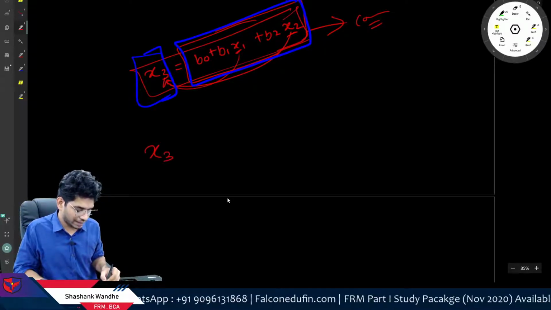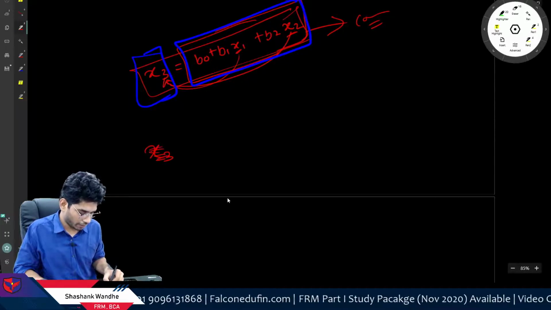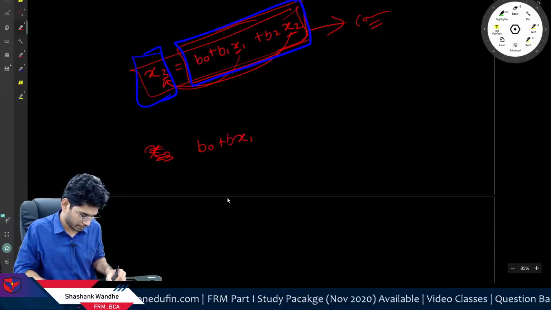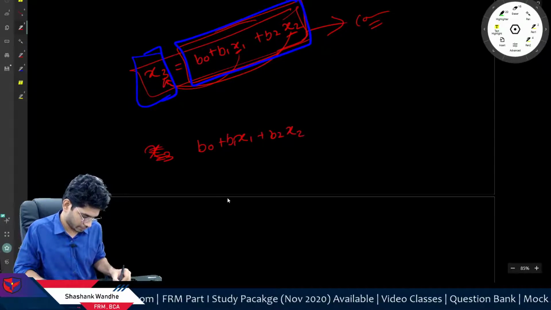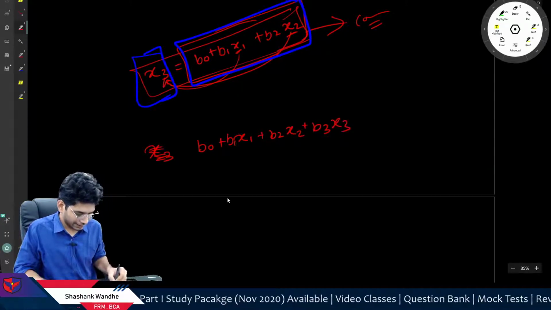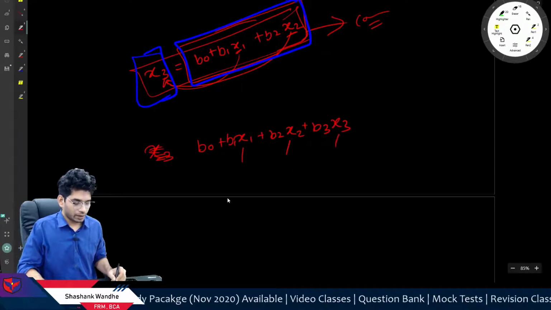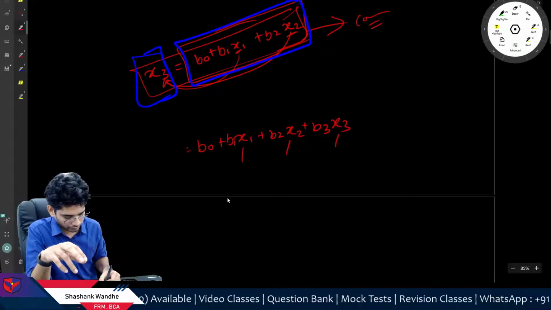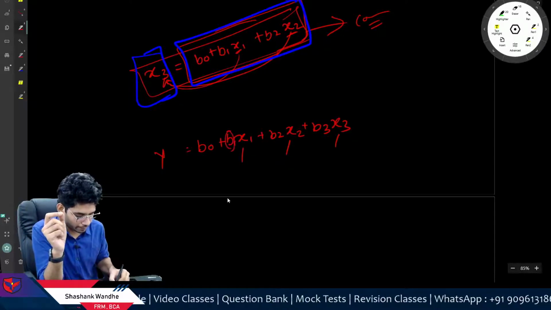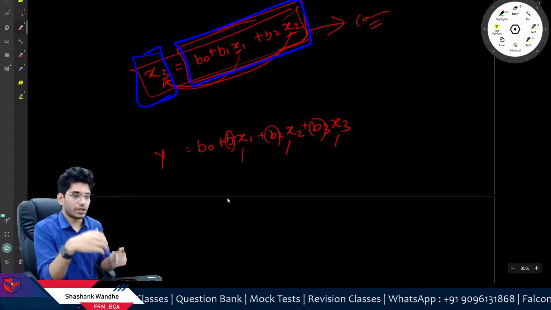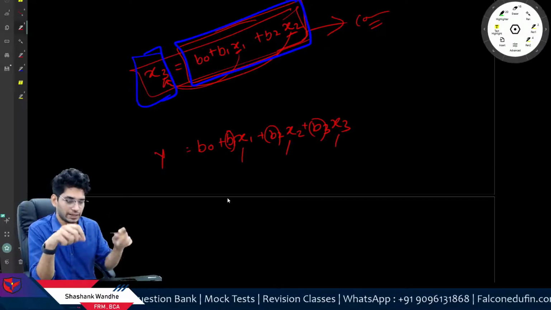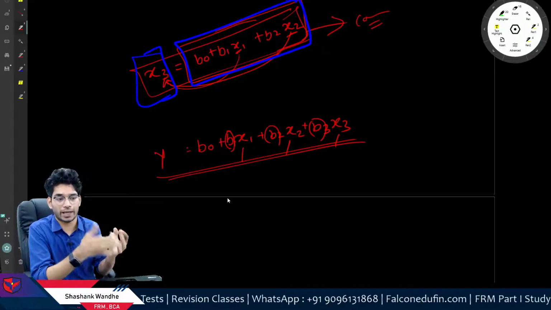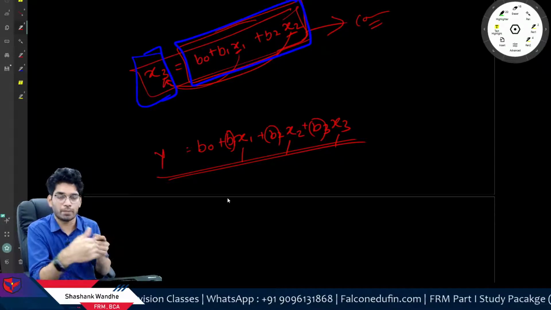Now see, if there is multicollinearity present in the model, because these three are correlated, the first effect will be on your coefficients. These coefficients will not be able to explain the model much individually.